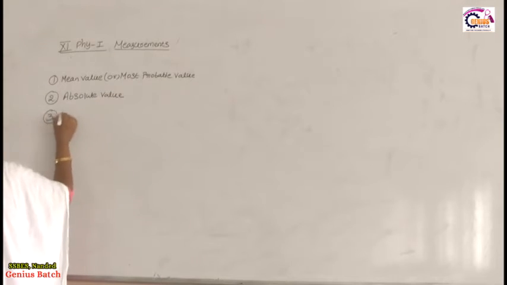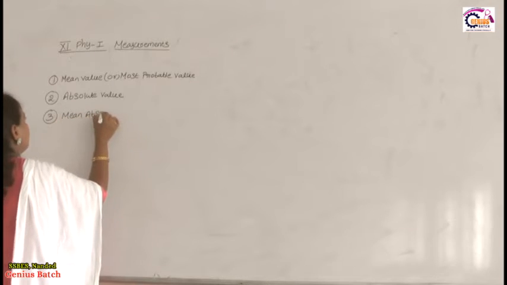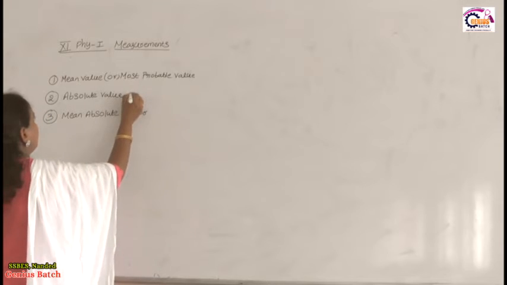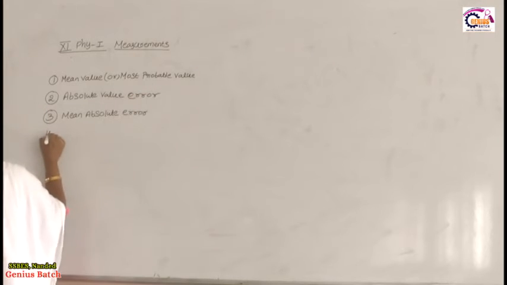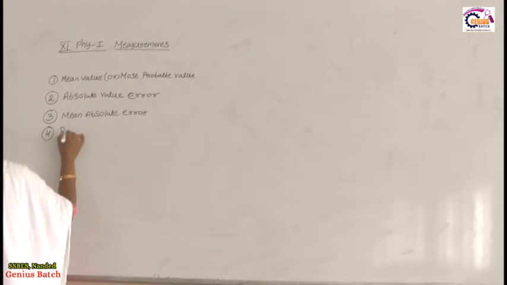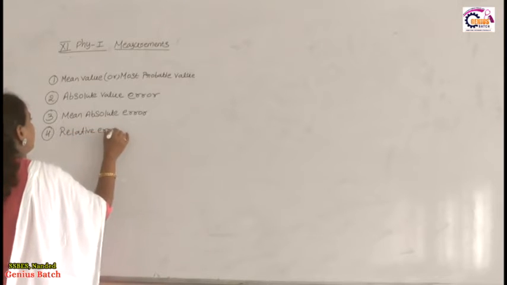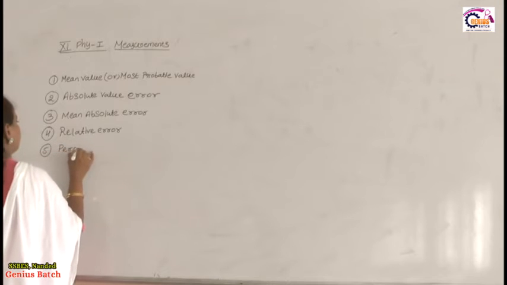The third one is the mean absolute error, which is also called the error. The fourth one is the relative error, and the fifth one is the percentage error.